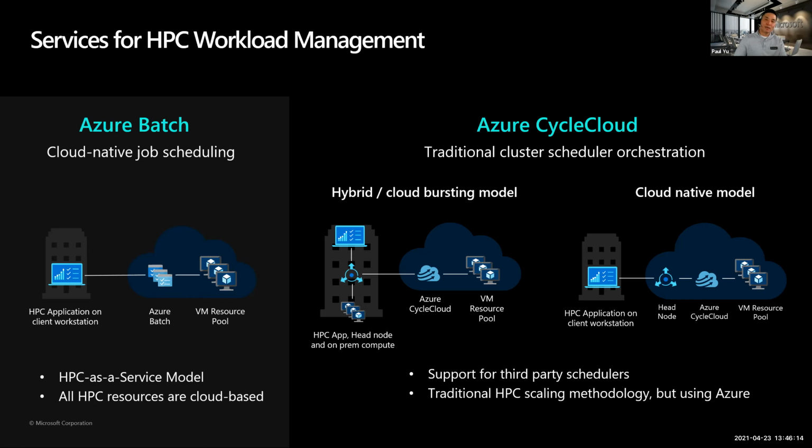So you provision an Azure Batch service, you tell it what sort of compute you want, and then you write your job, and then you submit that job to Azure Batch, and then Azure Batch will just take care of spinning up the compute, doing the work, and then spinning it all back down for you. Okay, so that's more of an HPC as a service, right? Where you don't really have to worry too much about the infrastructure. And then we also have Azure CycleCloud, which I said is a hugely popular service, right?